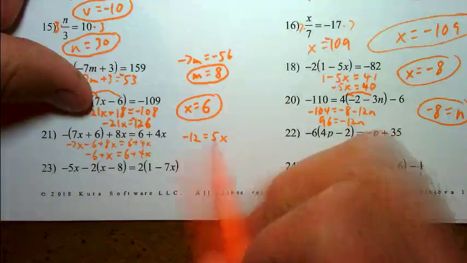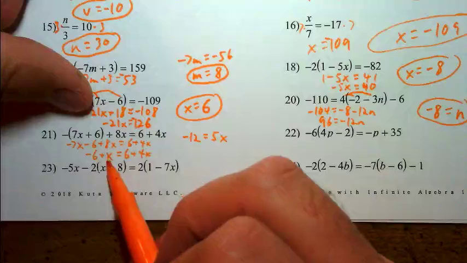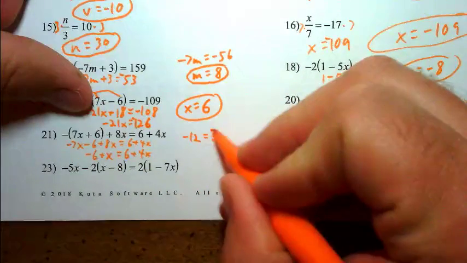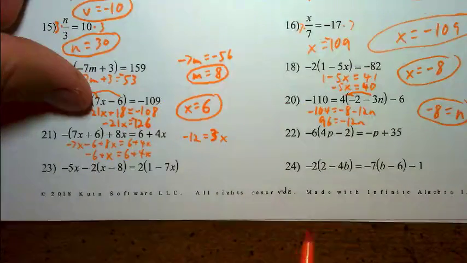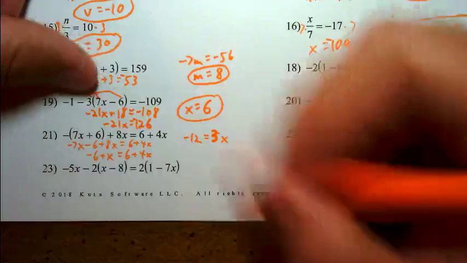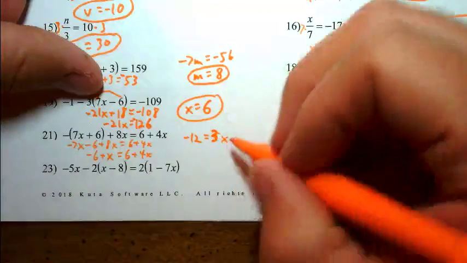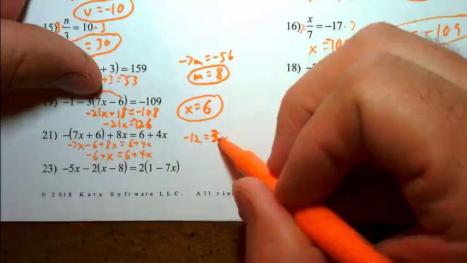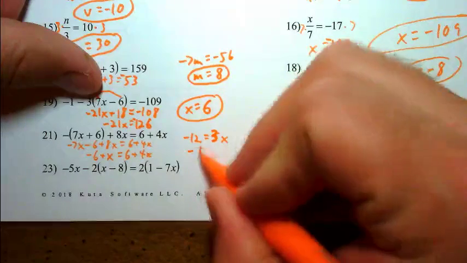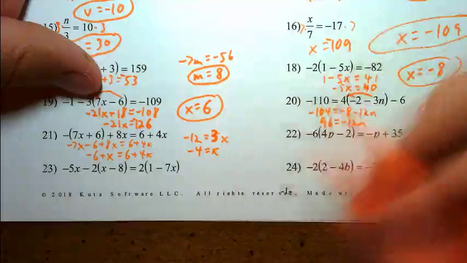I got 5x, that should be 3x. When you bring the x over, you should be subtracting that x. So our answer will not be a decimal after all. If you get a decimal, double check, make sure it works out. So now, this was 3x. We're going to divide by 3, and we get negative 4 for x.